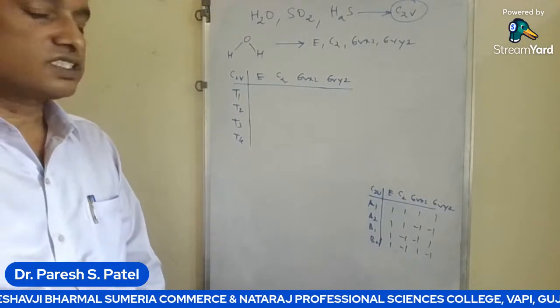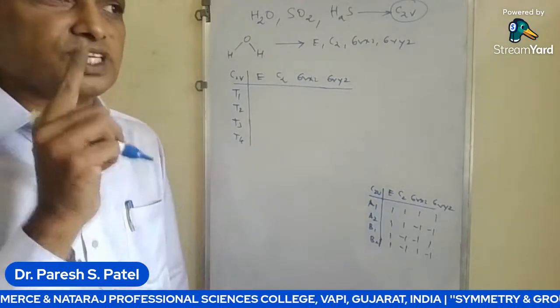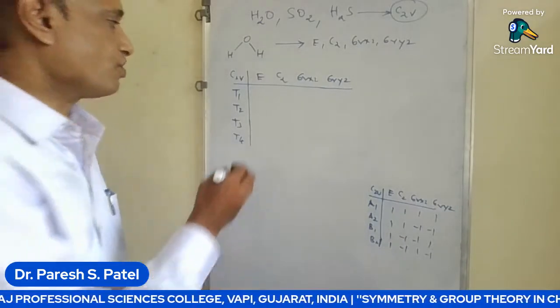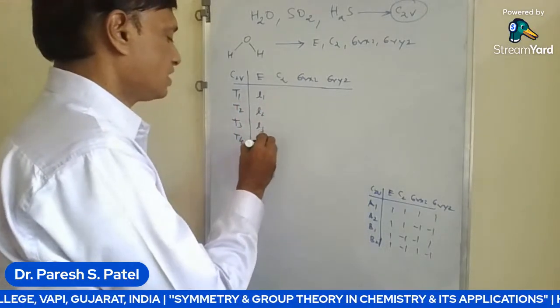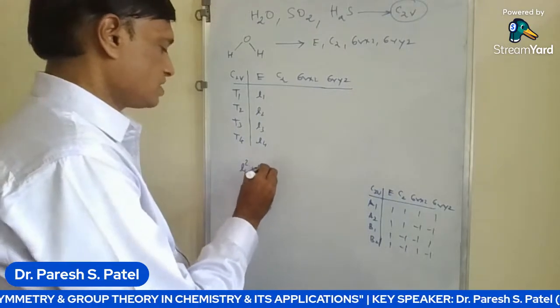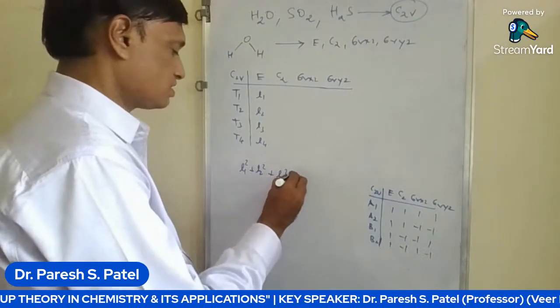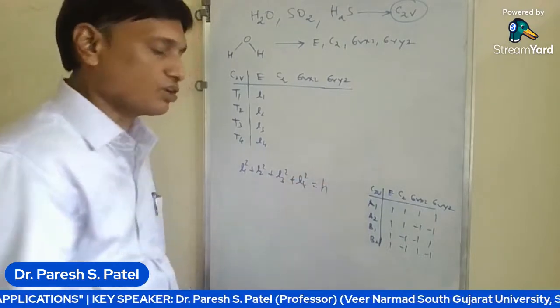Second rule: the sum of the square of the dimensions is equal to the order of a group. Suppose L1, L2, L3, L4. So L1 square plus L2 square plus L3 square plus L4 square is equal to the order of a group.